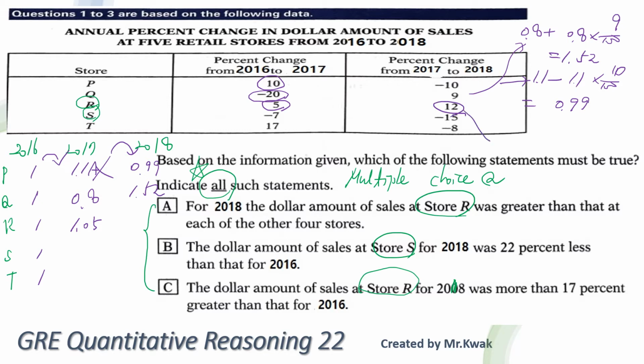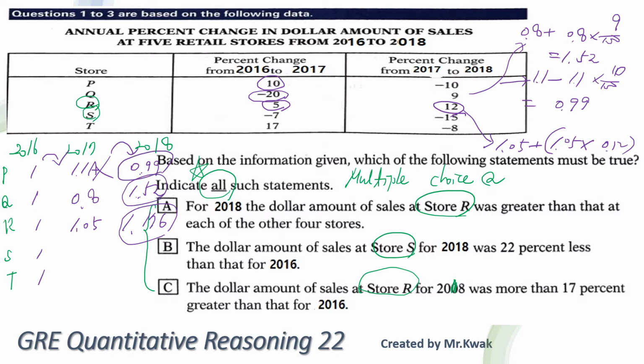So we can write 1.05 plus 1.05 multiplied by 12%. I'm going to skip the calculation. So in that case, 1.176.